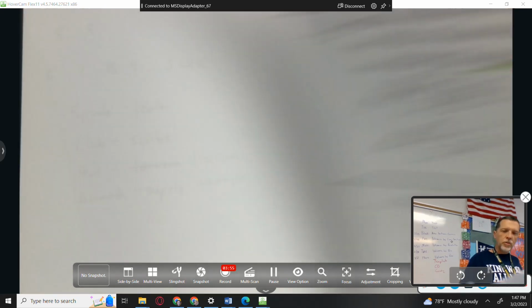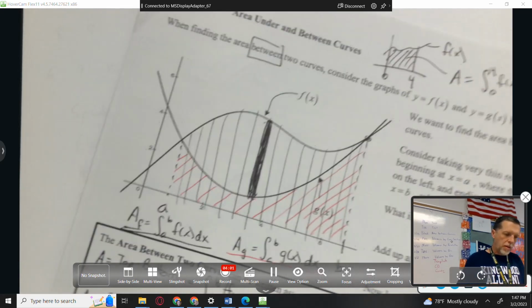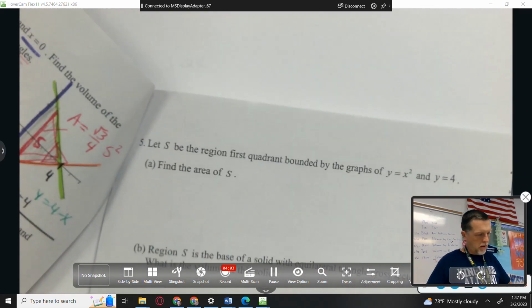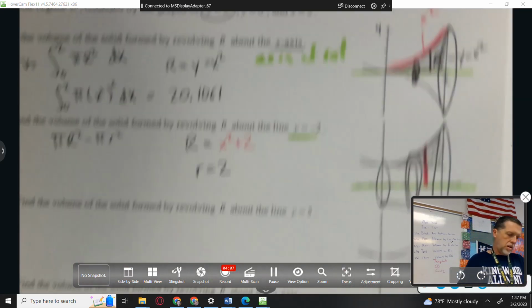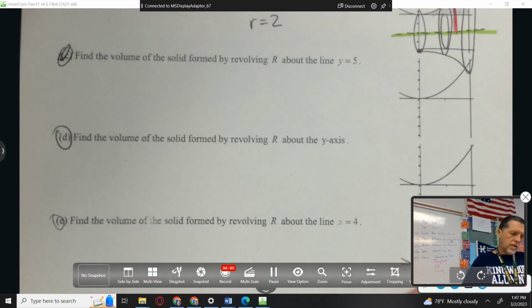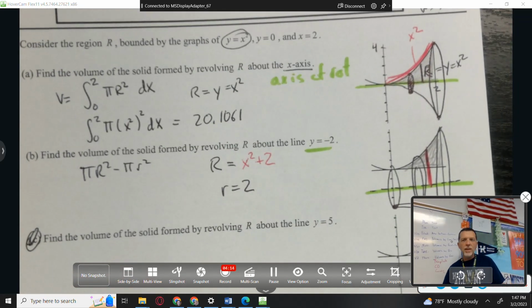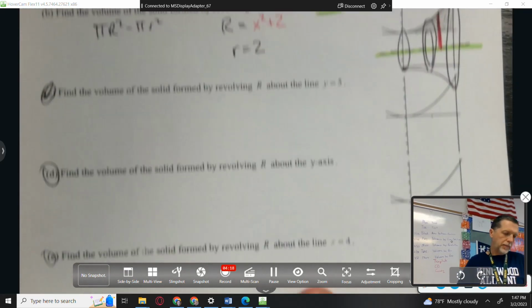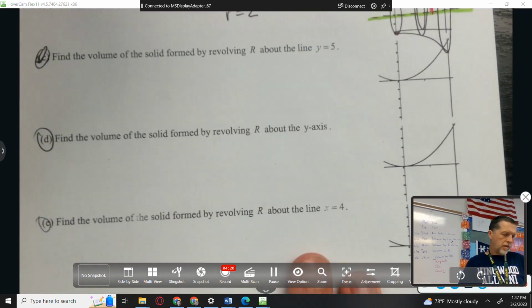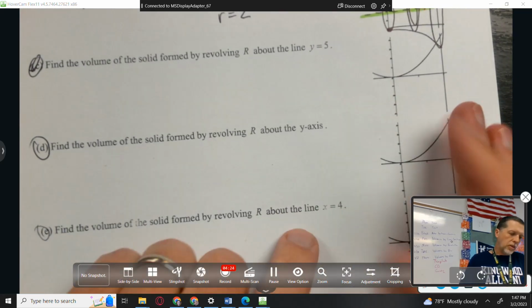Let's look at the notes page. Go to 1D. We did 1A and B yesterday. Let's skip down to D. Find the volume of the solid formed by revolving R around the y-axis.